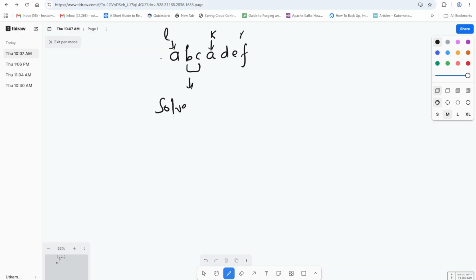So this will be something from l plus 1 to k minus 1, plus then we will solve for k to r. Why k to r? See, in this part we are not including this a, right? Because we are going from l plus 1. This is l, this is l plus 1, and this is k minus 1, right?